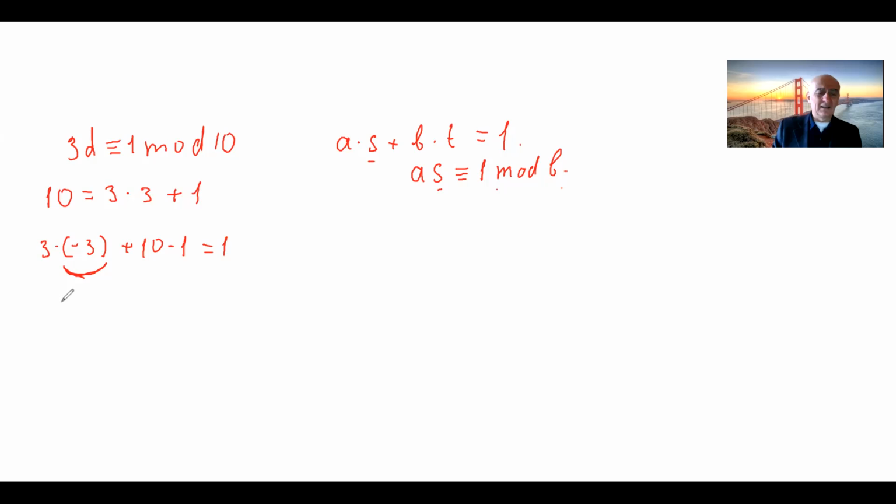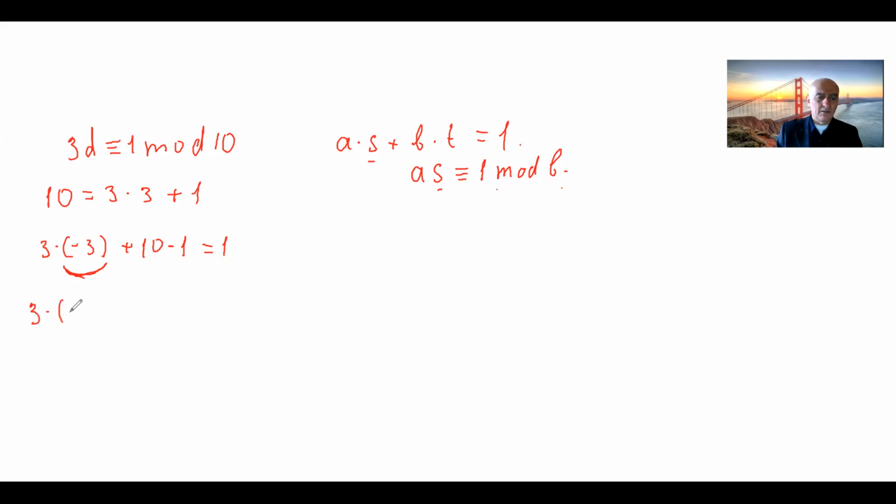So here we have D equals minus 3, but we know that D needs to be positive. To get D positive, we should add 10. And why should we add 10? I can explain it.